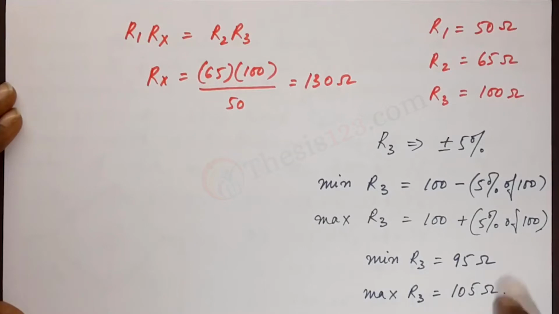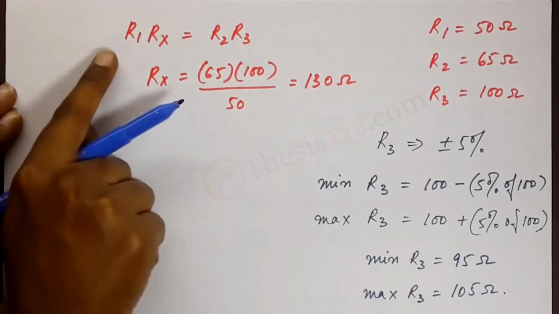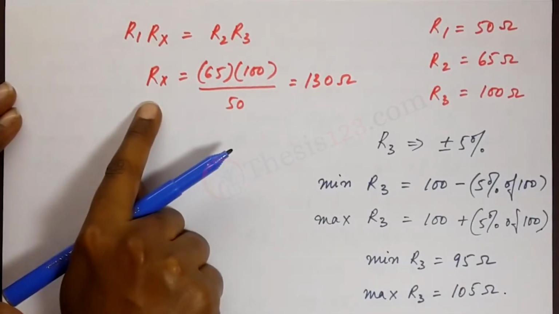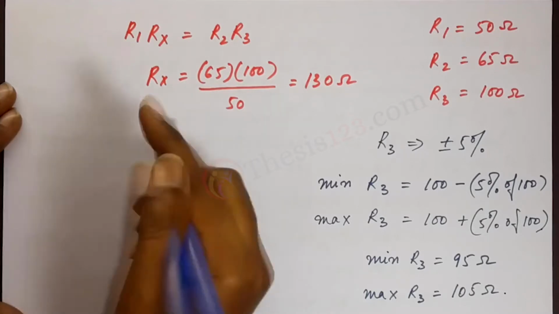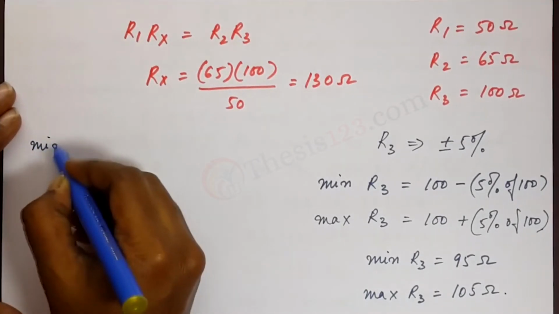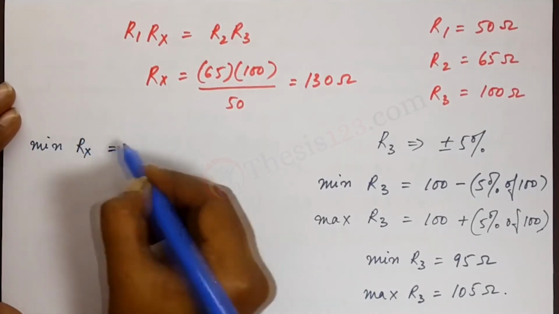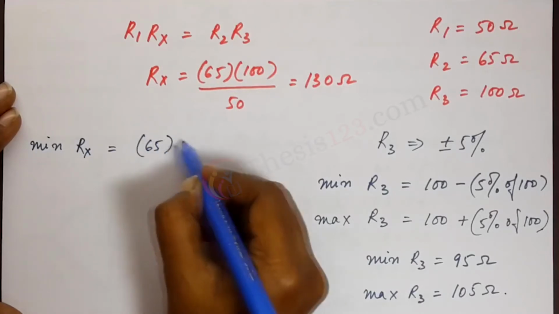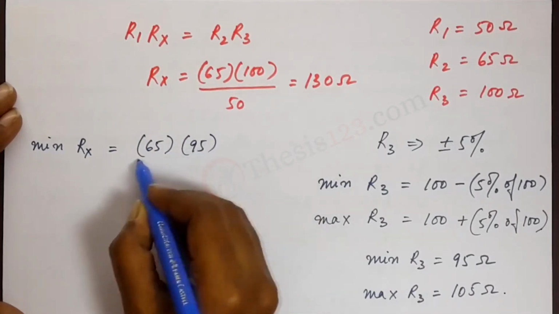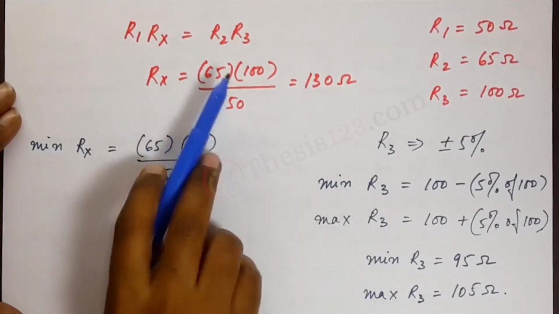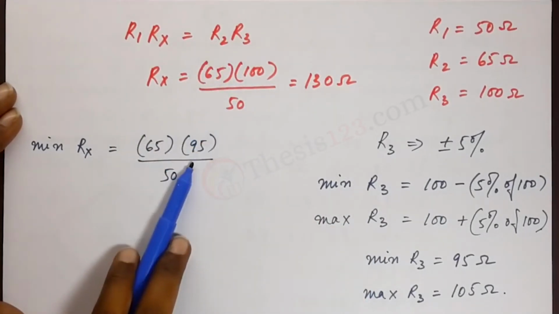So at both of these values, substituting that into this equation, we'll be able to find out 2 values of Rx. So that gives us minimum of Rx would be 65 into 95 divided by 50. For R3, we utilize the minimum value 95.